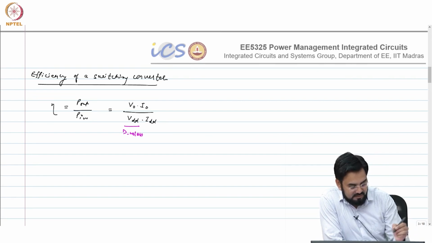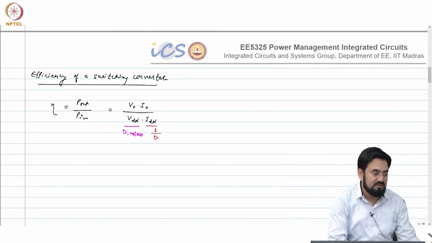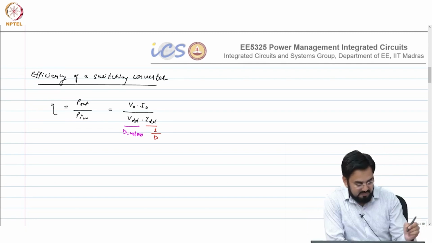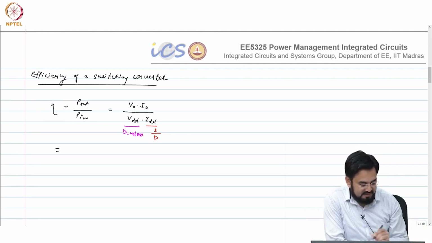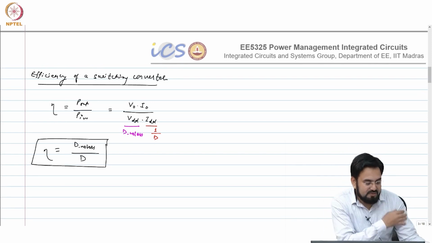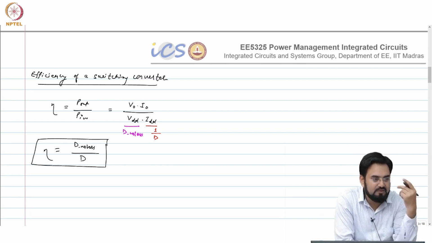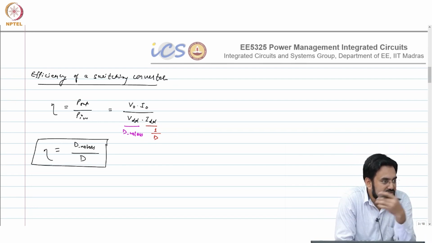And what about this? 1 over D, which is D actual, which means I can define efficiency as D no loss over D actual. So, you don't really need to measure the power. You just look at the duty cycle, and you can find the efficiency.